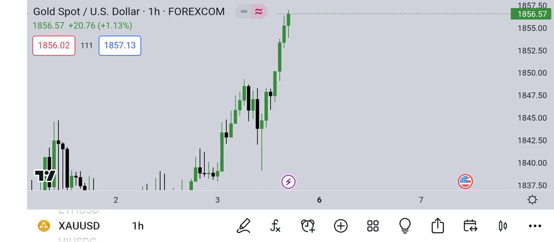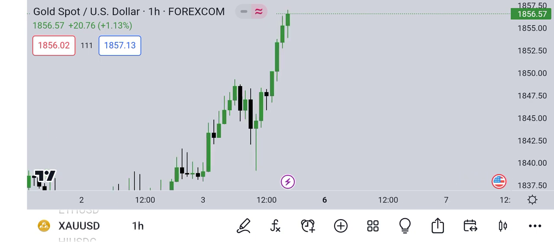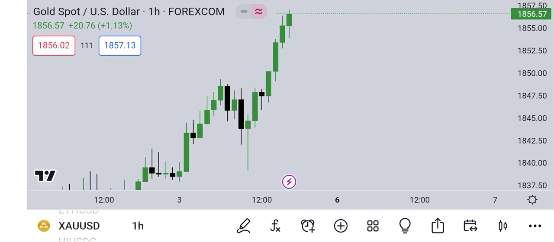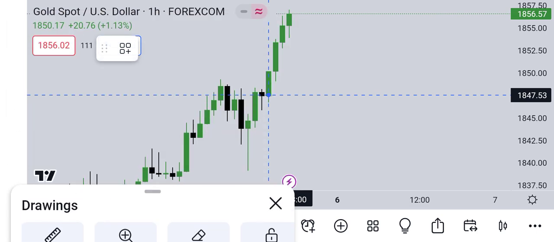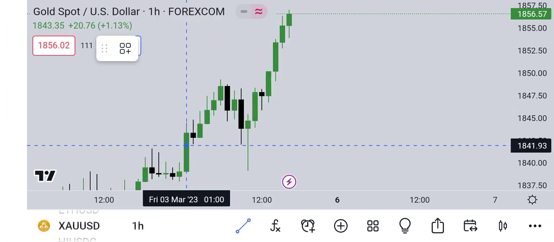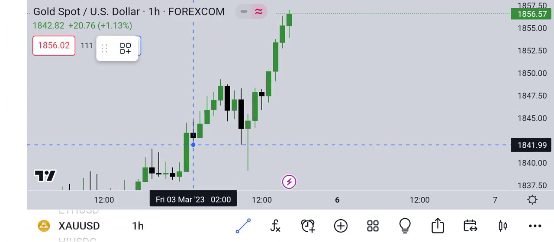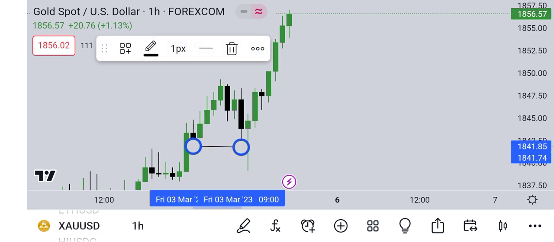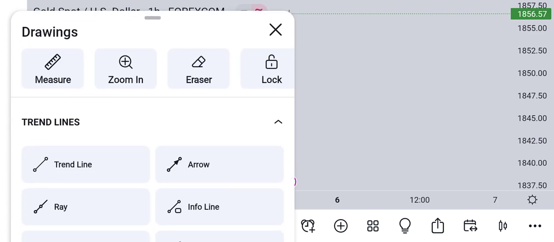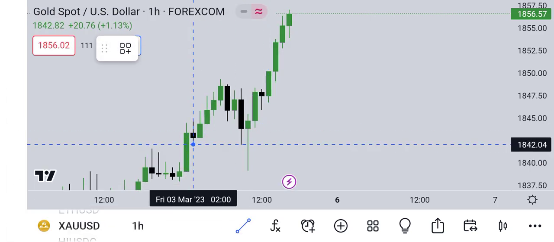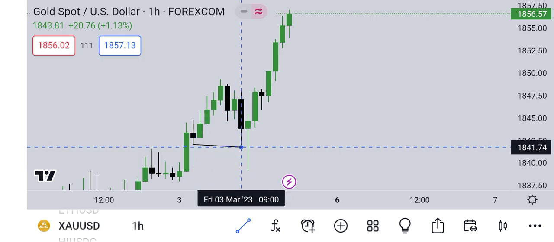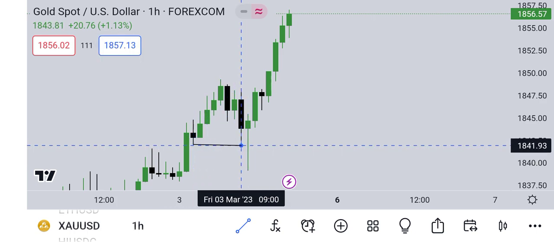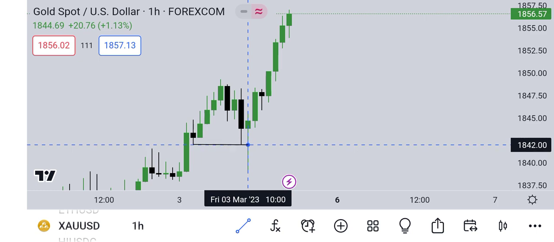So on the 1 hour, we can see also relatively equal lows. Okay. Oh, that's too far from this low. Okay. That's a liquidity.